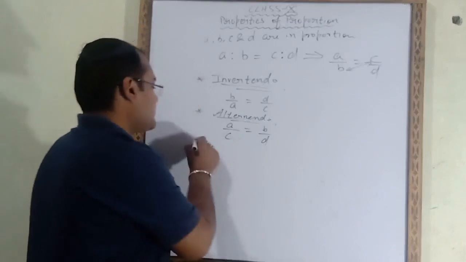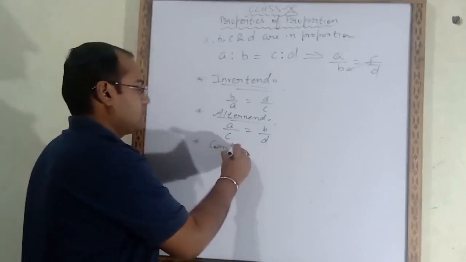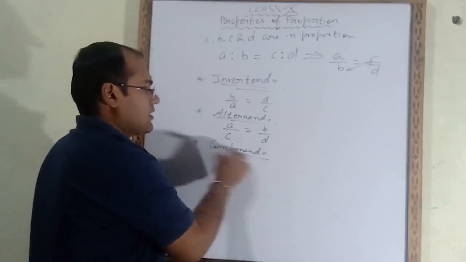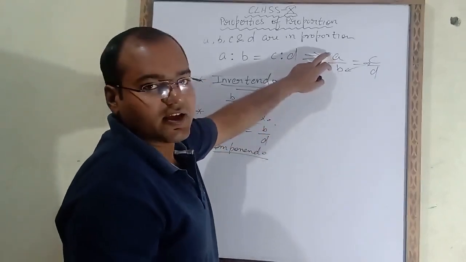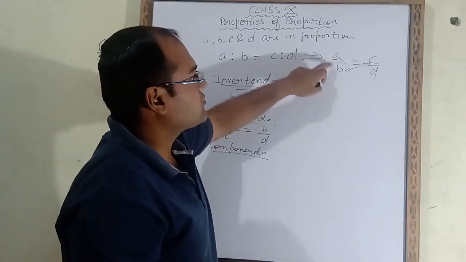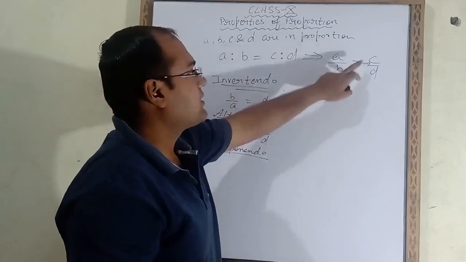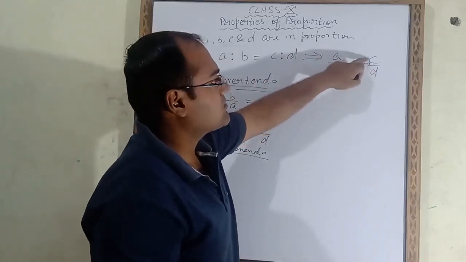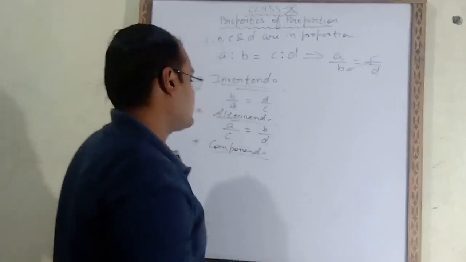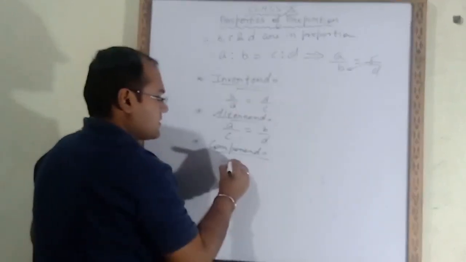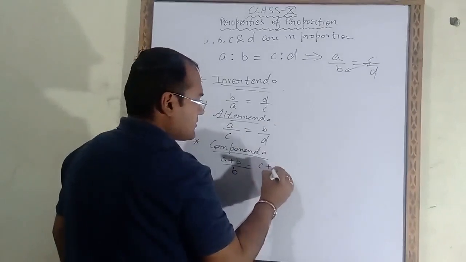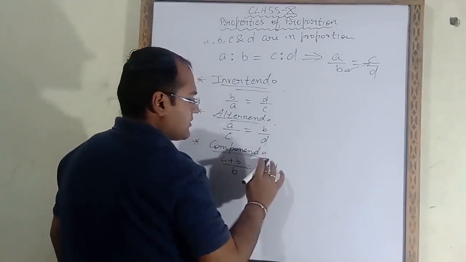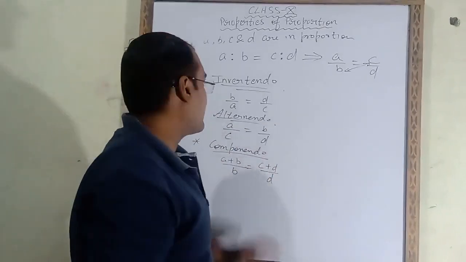Now third property is componendo. In componendo, what do you have to do? You have to take the sum of these two terms in the numerator. Here also the sum of these two terms in the numerator. That means A plus B upon B is equal to C plus D upon D. So this is componendo, the third property.